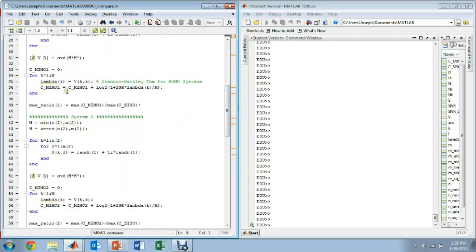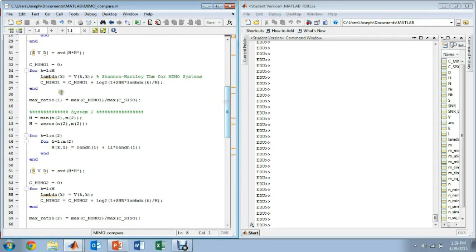Then finally we calculate the capacity for a MIMO system, which is simply the equation listed above. I also included a maximum ratio so we could get a better quantitative comparison of the increase in capacity over SISO.